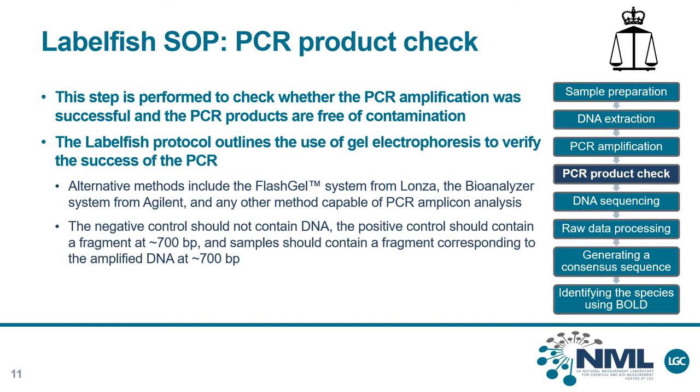If the PCR was successful, the positive control and samples should contain a fragment at roughly 700 base pairs, and the negative control should contain no DNA. If the negative control does contain DNA, the PCR should be repeated as there may be a contamination issue. A copy of the output, for example a gel photograph, should be retained for records.